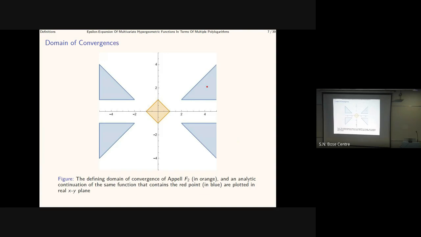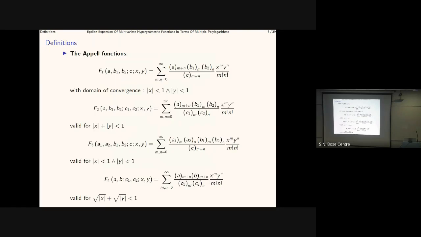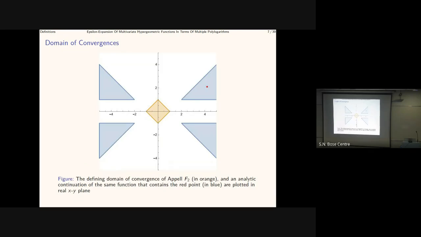That looks like this box in the real x1, x2 plane. So that means when you are inside that region, you can use this series expression to evaluate the value of the function. But what would happen if you want to evaluate that at the boundary?